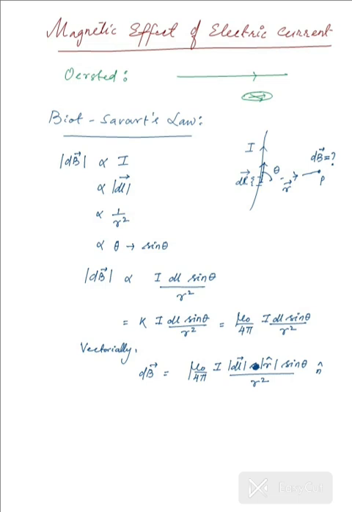So here the order that we will be considering is mu naught over 4 pi I dl first, then cross product with r cap over r squared, and the sine theta goes into that. So dl cross r cap, the direction from the right hand thumb rule that you know is going to be into the plane. So it's going to be directed into the plane.